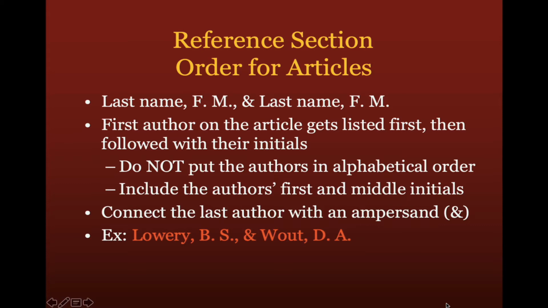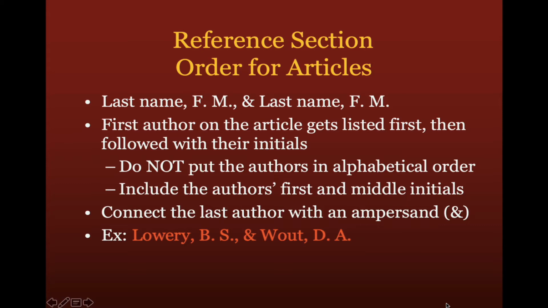The first thing you want to report is the last name of the first author, and then their first name, their middle name, and then an ampersand before the last author. So if there's two authors, the last name of the first author, their initials, comma, ampersand, last name of the second author, and initials. Just remember the ampersand comes before the last author.